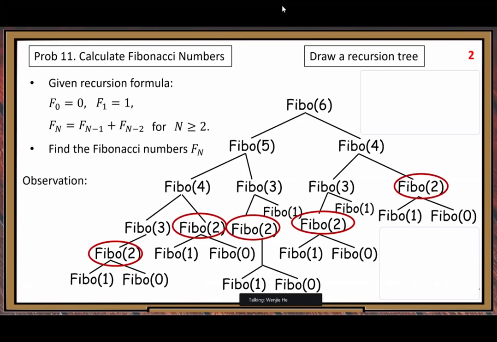And that's only when we calculate Fibo of 6. Think about if we need to calculate Fibo of 100. How much redundant computation do you need? Not acceptable. That's why you get an exponentially slow algorithm: your tree grows too fast, with too much redundant calculation.